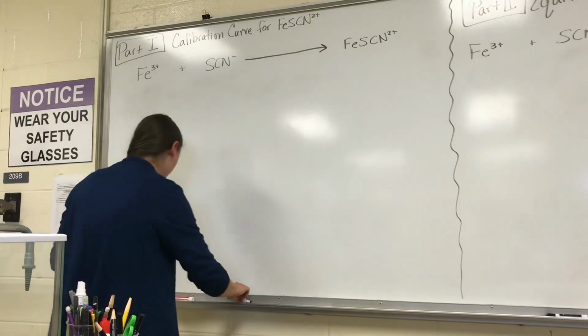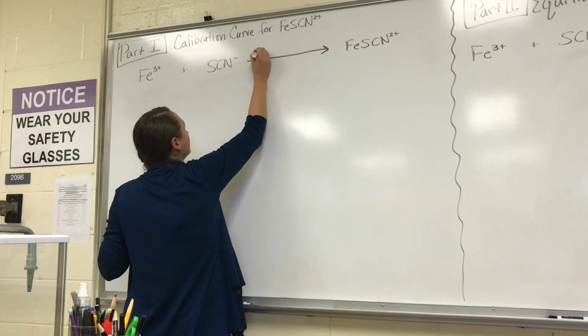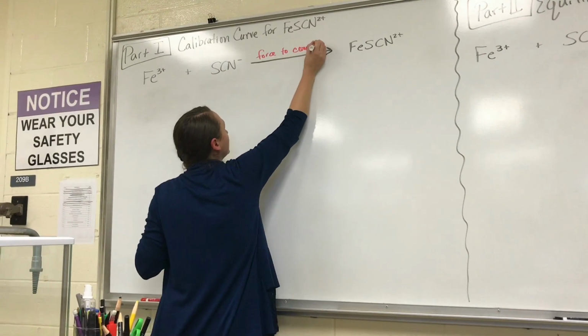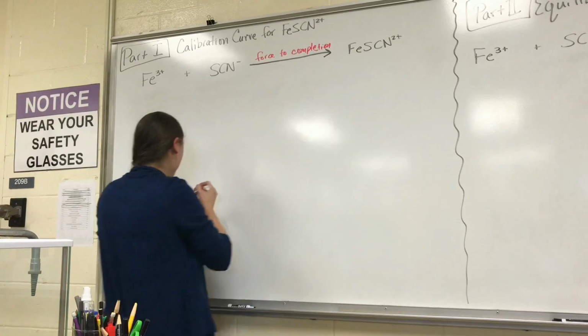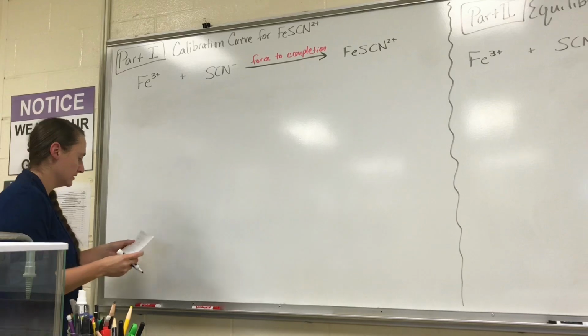We are going to do that by forcing this reaction to completion rather than an equilibrium. We're going to do that by adding a huge excess of one of the reagents.